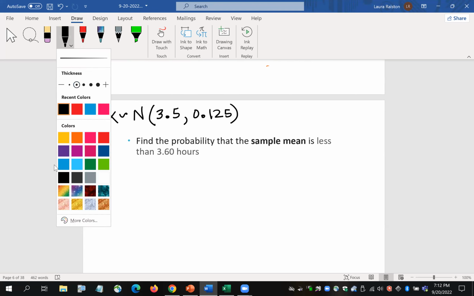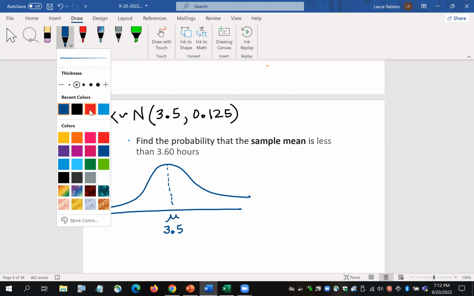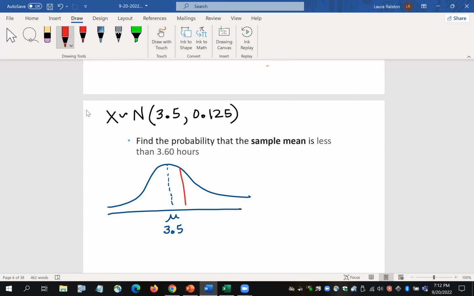Again, it uses that phrase sample mean, which again is an extra clue that I'm using the central limit theorem. So I have my horizontal axis, a bell-shaped curve. The mean is 3.5, and it says less than 3.6 hours. So here's 3.6, and we want to be less.